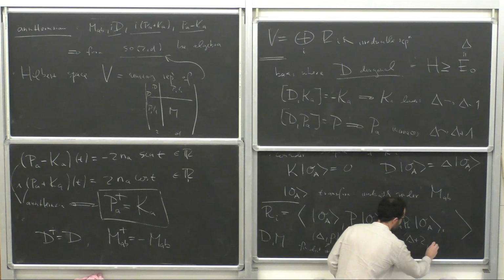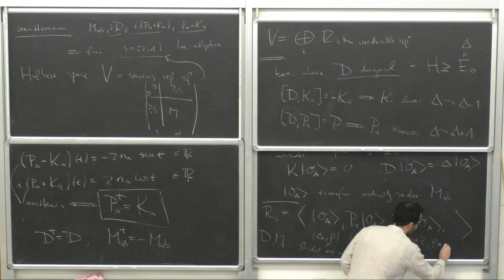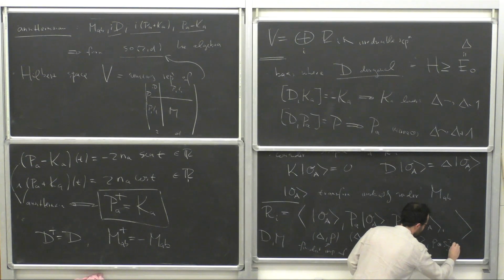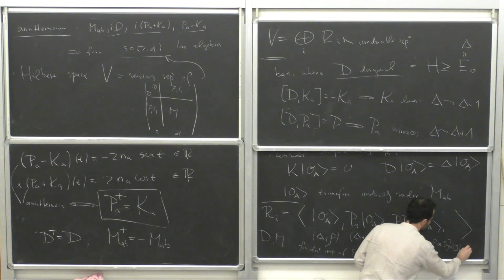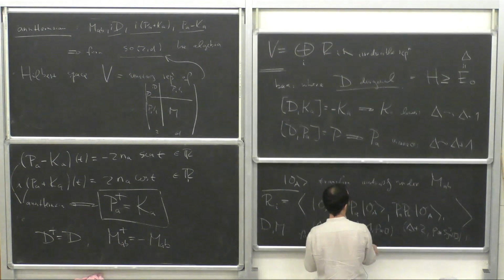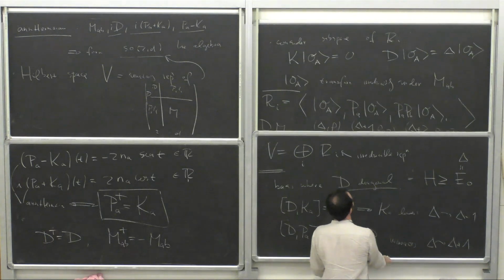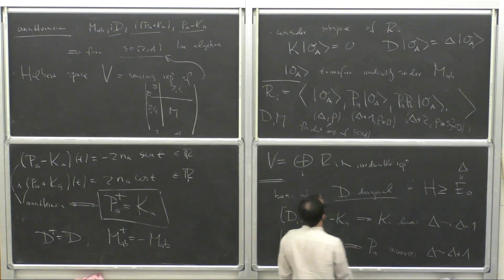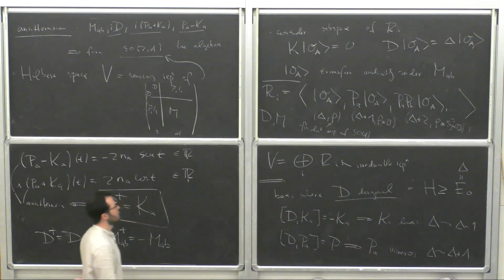And this is d plus 2 rho times the symmetric squared of the box.